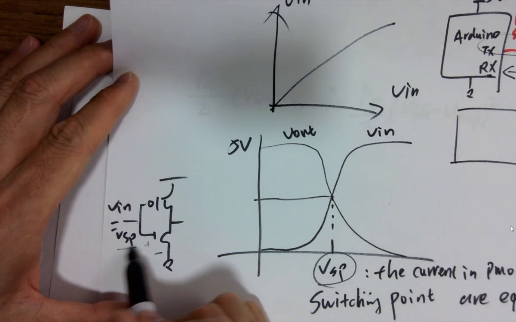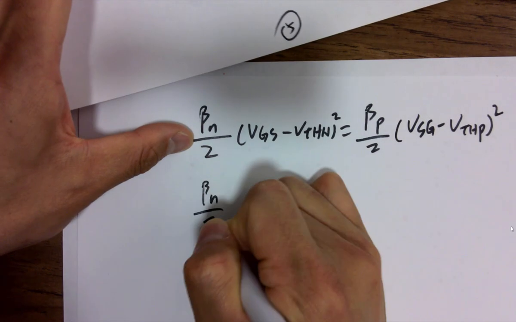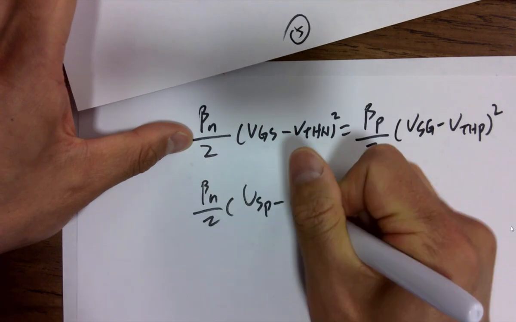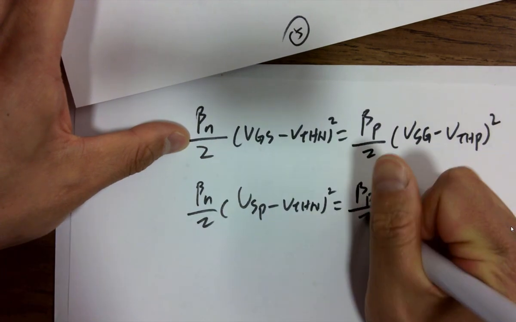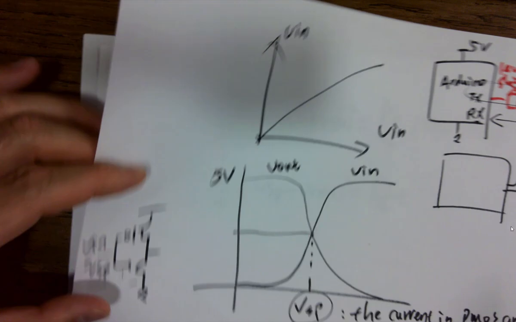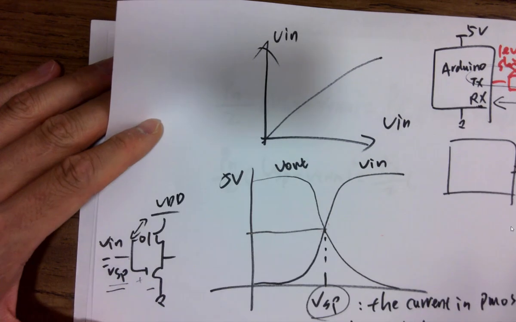So VSP is basically VGS, and we can replace this. What about VSG?